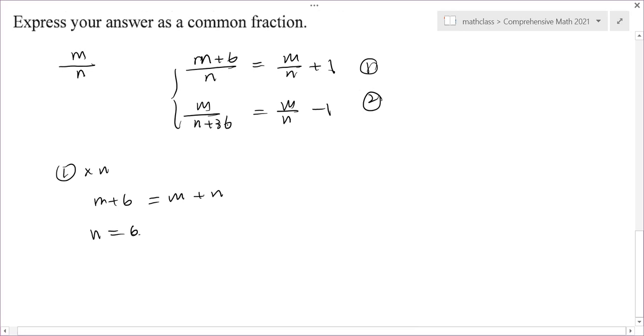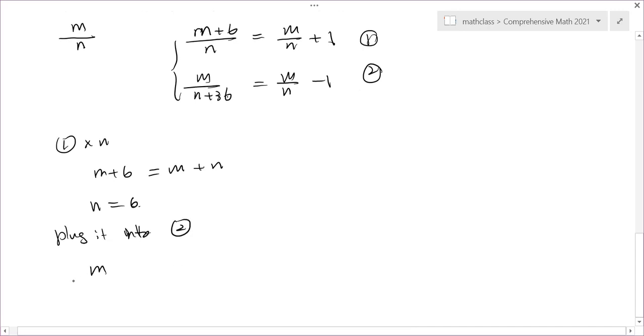So using this 6, plug it into the second equation, right? Then you get m over 6 plus 6, which is 42, and m over 6 minus 1.